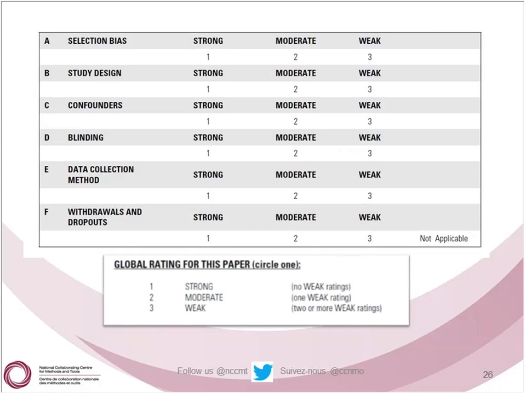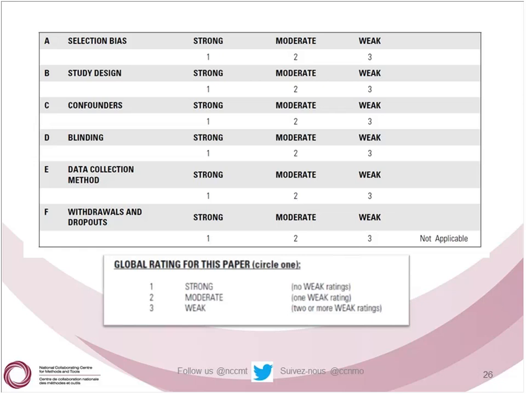I'm just going to have this looked into a little bit more. There should be something more around here. If we have a situation with two strong and four moderate, there are no weak ratings, but that would end up being a moderate. So maybe we can look into how many strong ratings we need in order to end up with a strong rating.